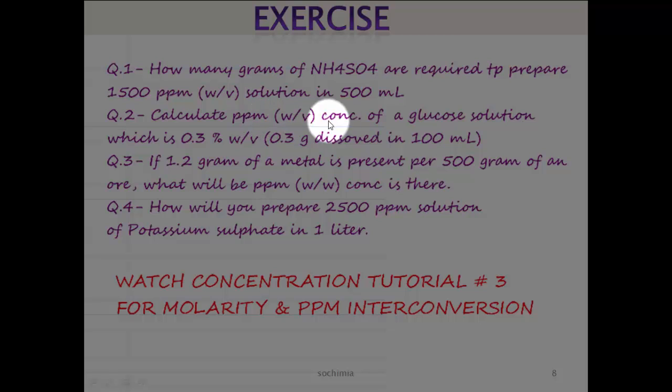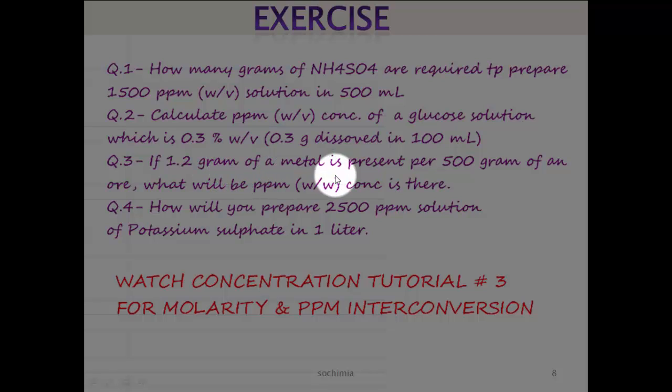Similarly, calculate concentration of a glucose solution which is 0.3% weight by volume. 0.3% weight by volume means that 0.3 gram of glucose is dissolved in 100 ml. So we have volume of solution, we have mass of solute, and we can easily calculate ppm.